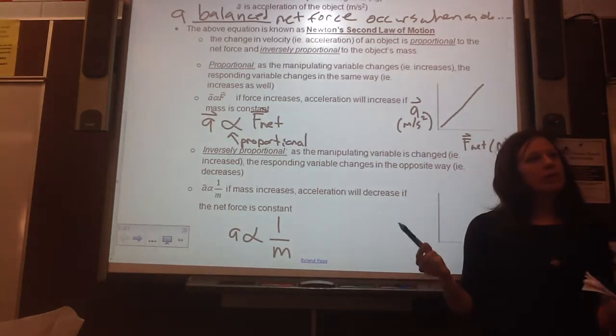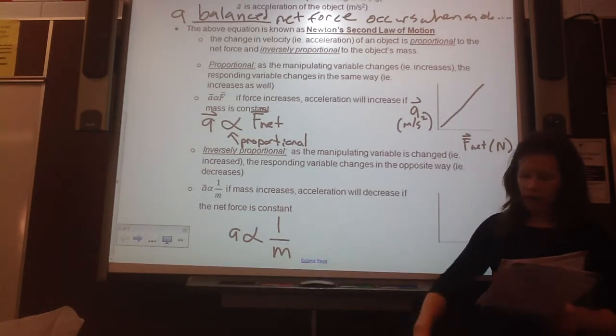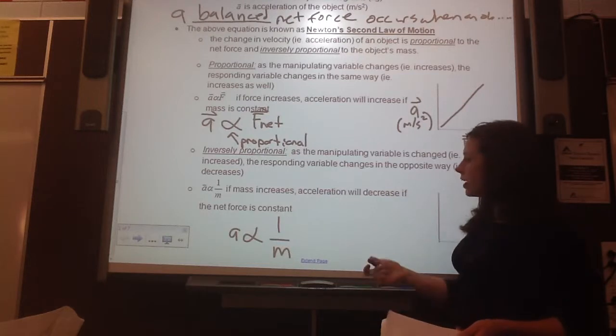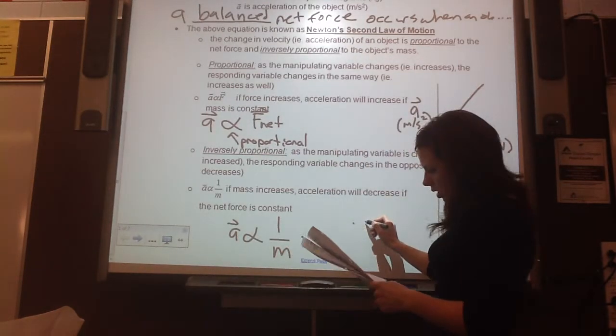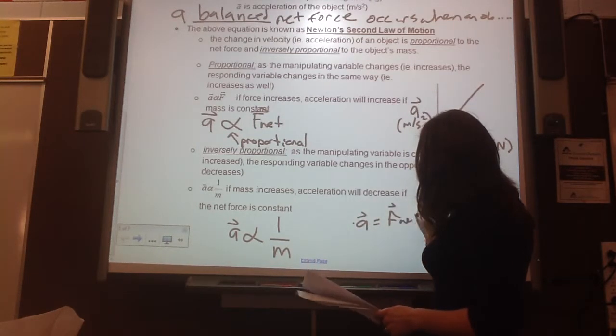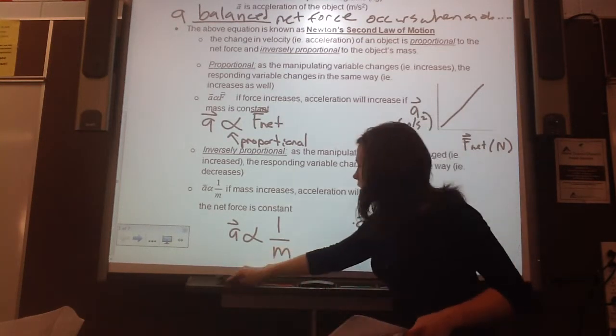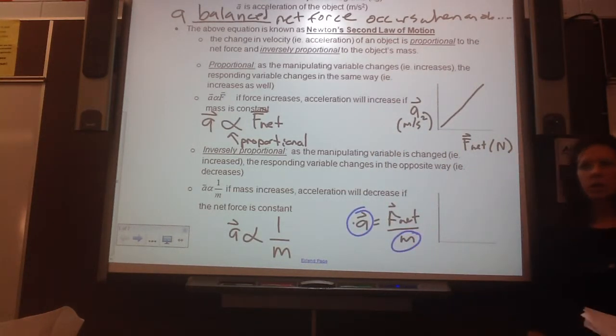We still use the proportional sign, but now we put 1 over m, because look at our formula. A is equal to F net over m. Look at where A is in relation to m. That shows their relation.